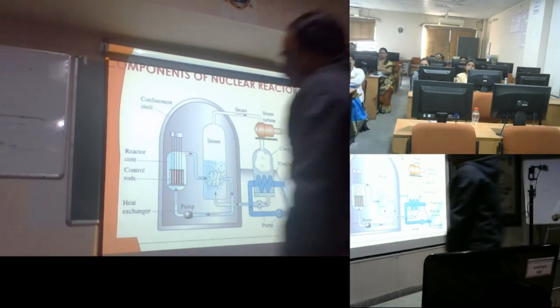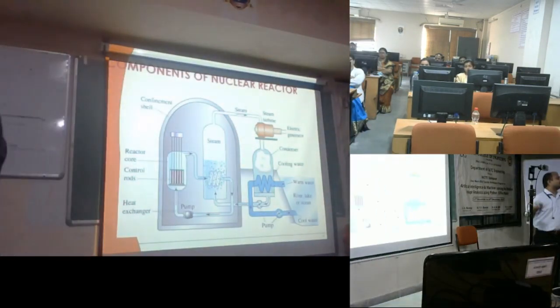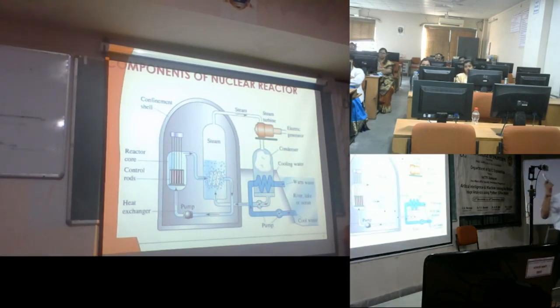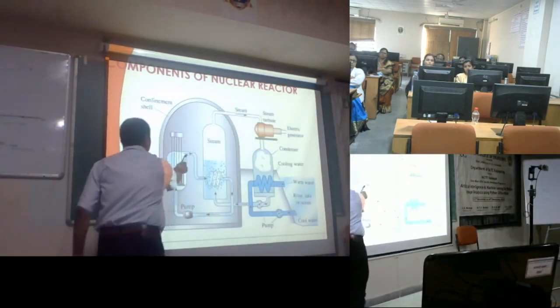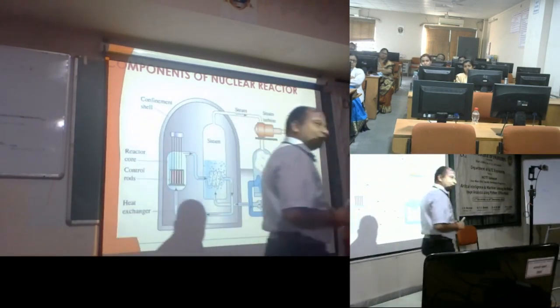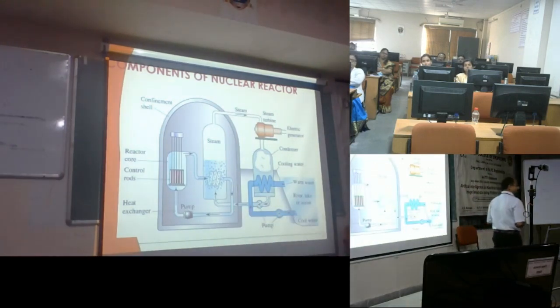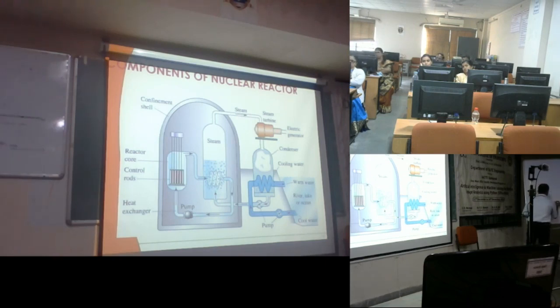So now what happens? We have to remove this energy because the reaction is taking place and increasing exponentially, since the neutron population is increasing exponentially, right? So what happens? There is an inlet and there is an outlet. Okay. In the inlet, we flow the cold water.